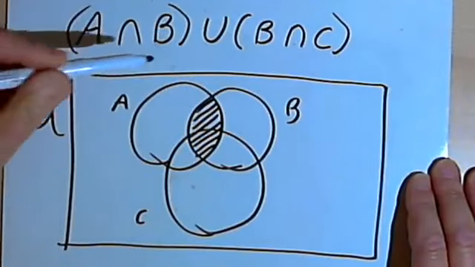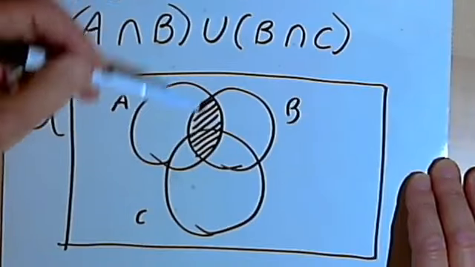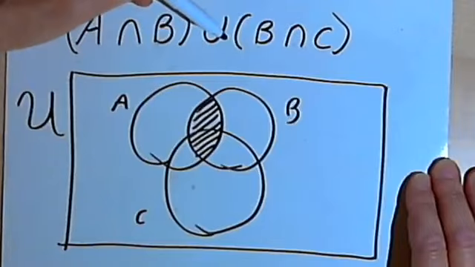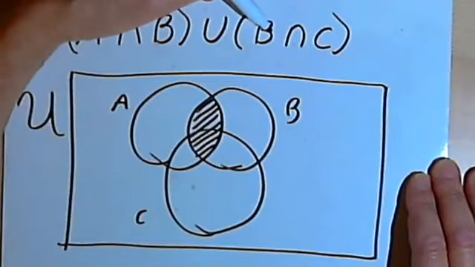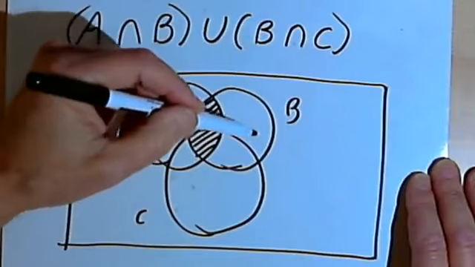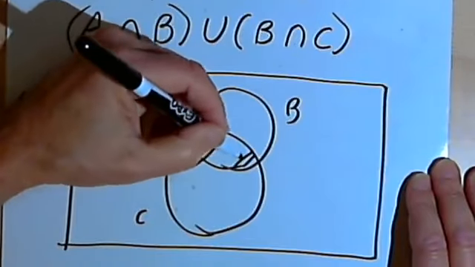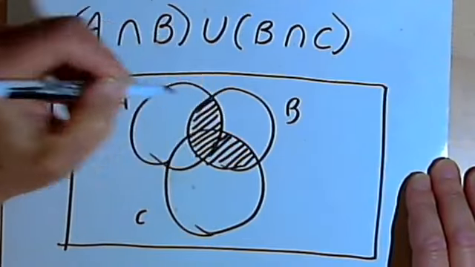And then I want the union of that. Since it's going to be a union of that, I won't have to erase anything. I'm going to want the union of that with the intersection of B and C. So the intersection of B and C is going to be the overlapping area for B and C, which will be this.